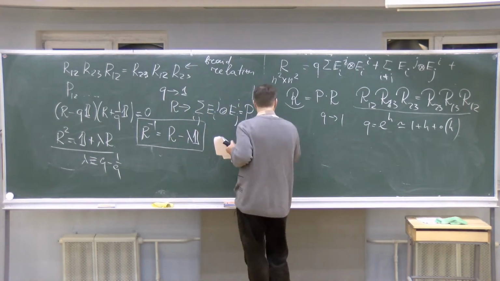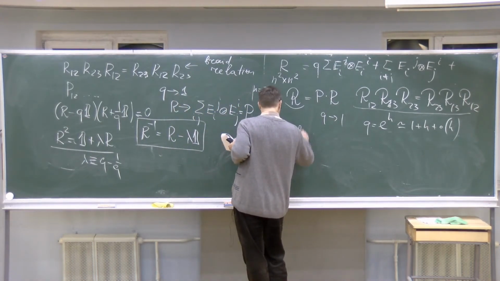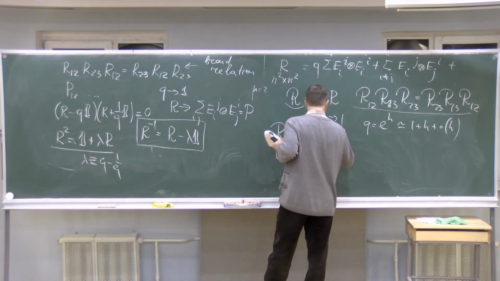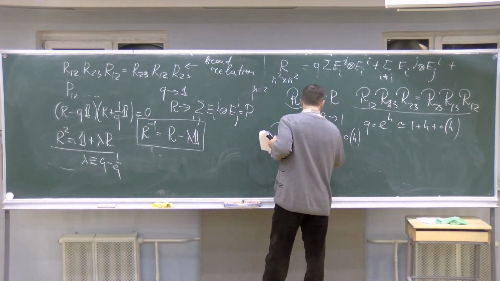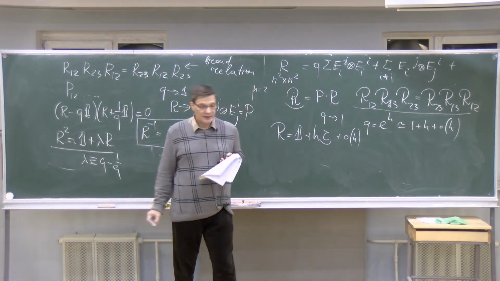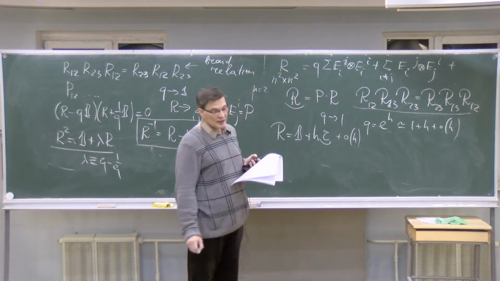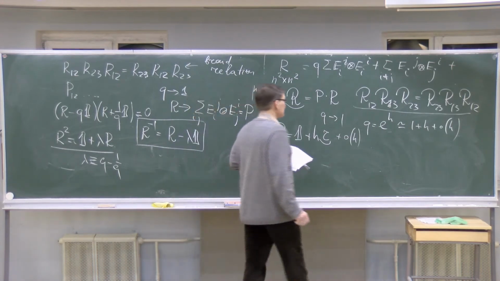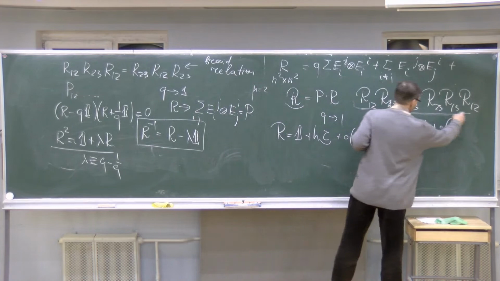Then the linear term in h is the classical R matrix. It can be easily obtained from this relation.